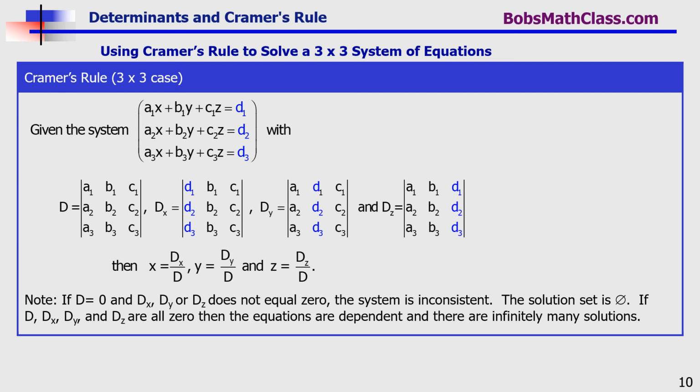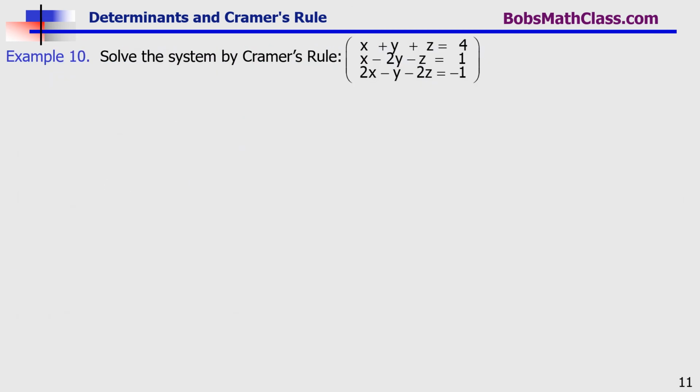All right, let's do one. It's a little bit of work, so I'll probably only do one. Write it all down. See if you can tackle what d, dx, dy, and dz are. Again, I won't show all the work here, but we'll set it up.